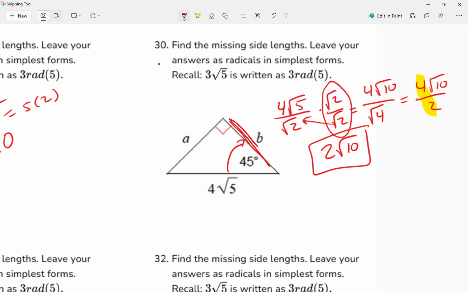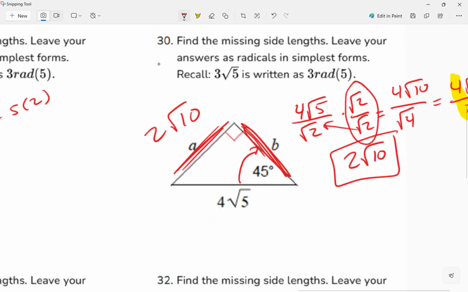If this side is 2 radical 10, this other side is also 2 radical 10. In 45, 45, 90 triangles, the two sides that make the 90-degree angle are equal. So if you know the measurement of one side, the other one is the same thing. So 2 radical 10.